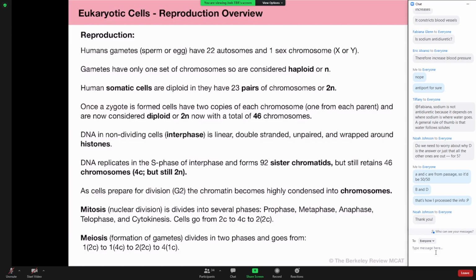And so human somatic cells are diploid in that they have 23 pairs of chromosomes or 2N. So they have a set of chromosomes from mom and a set of chromosomes from dad. Okay. And so once that zygote is formed, right, cells will have 2 copies of each chromosome, right? And that's when you're now considered diploid. And so humans have a total of 46 chromosomes. Okay.